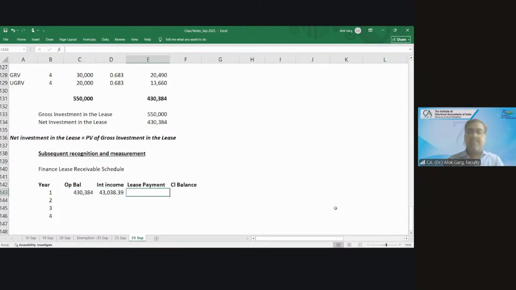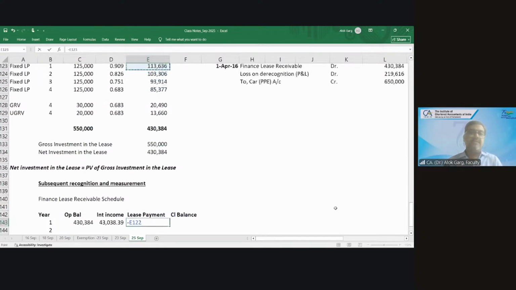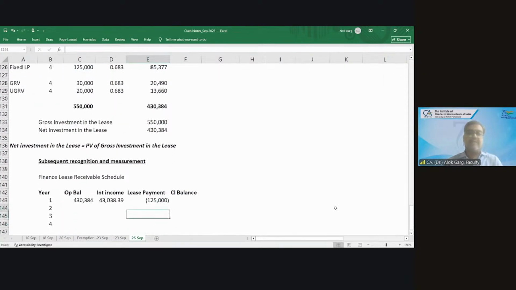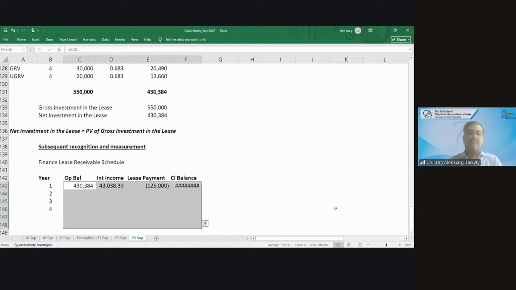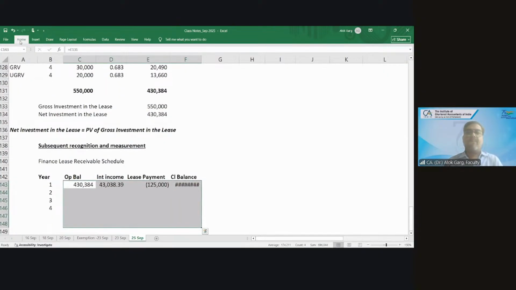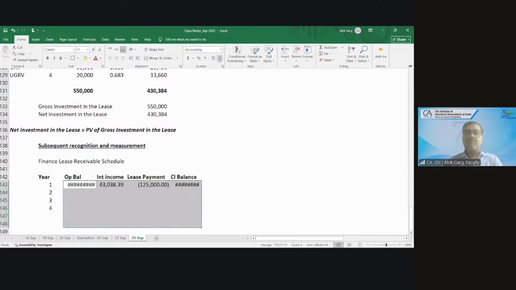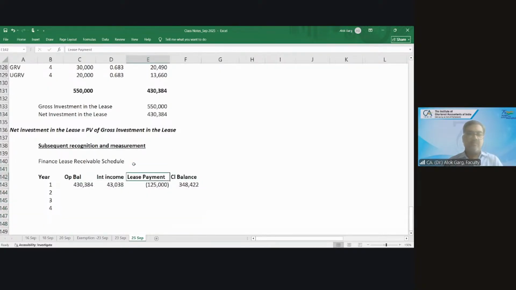What is my lease payment? My lease payment is 1.25 lakh. What is my closing balance? This closing balance will become my opening balance in the second year, and similarly the interest income, lease payment and closing balance.